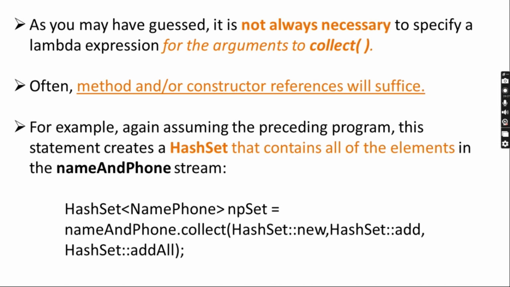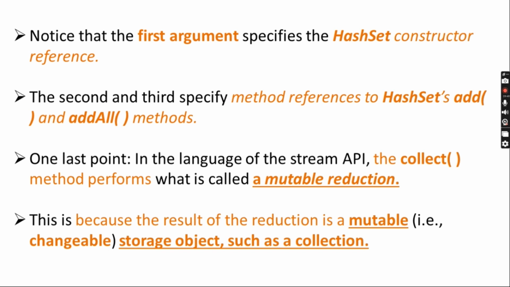Again, assuming the preceding program, an example is given following that contains all the elements in name and phone as a HashSet of strings. nameAndPhone.collect(HashSet::new, HashSet::add, HashSet::addAll). Okay, a new object is created and elements are added. The first argument specifies the HashSet constructor reference, and the second and third reference the HashSet add and addAll methods.